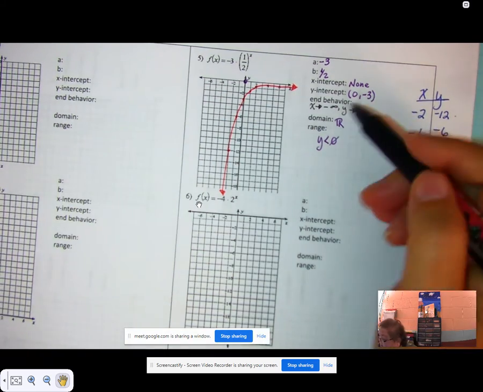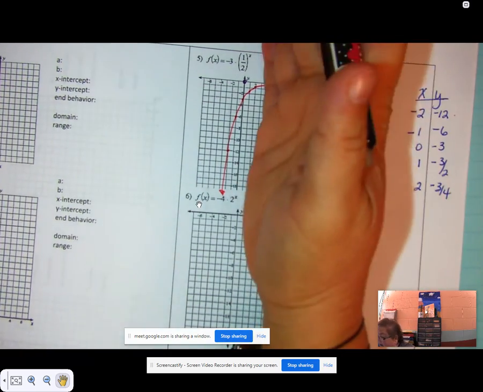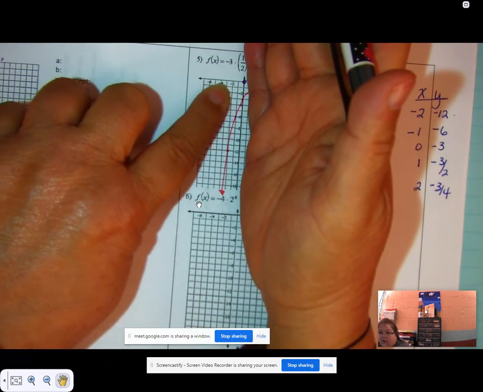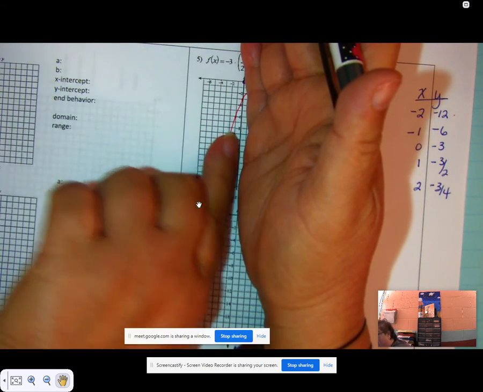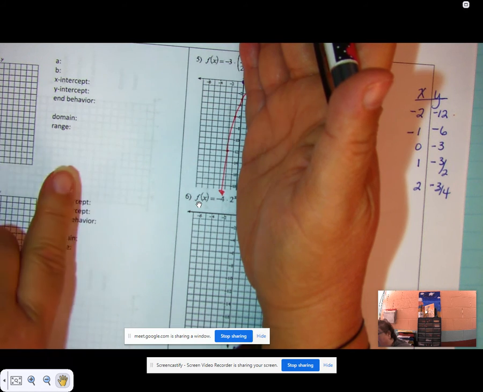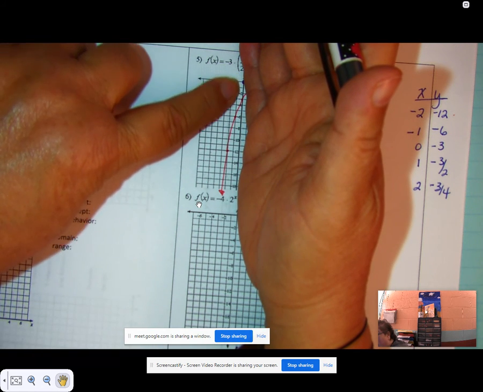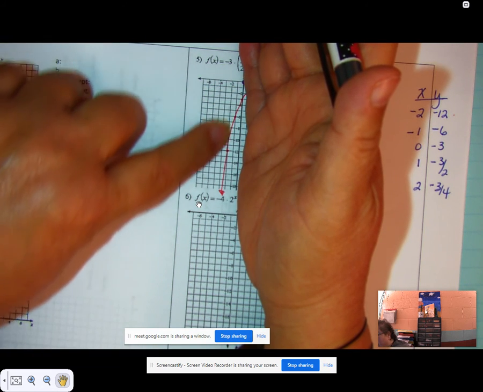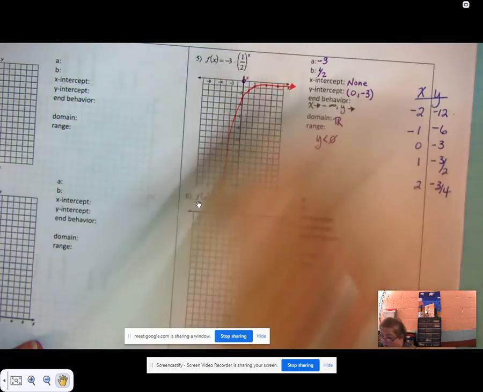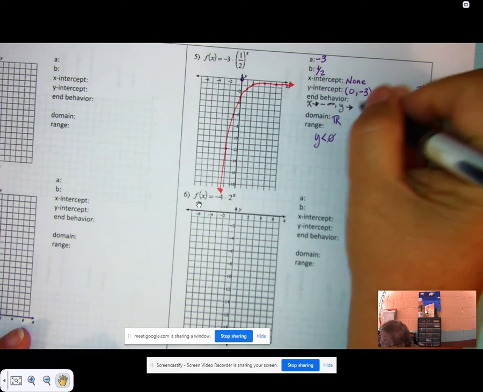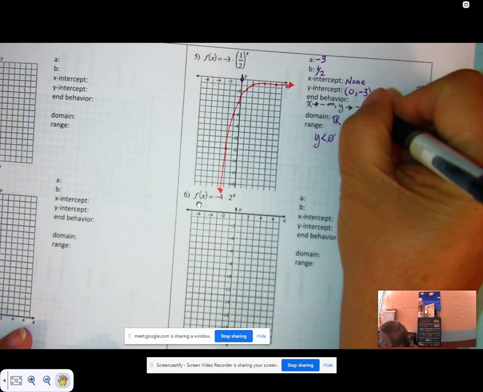Alrighty. So, as x approaches negative infinity, here we go. Going to the left for my x values, and this is on the left side, so that's negative infinity. Where is the y heading toward? Well, it's heading down, so the y is approaching negative infinity.